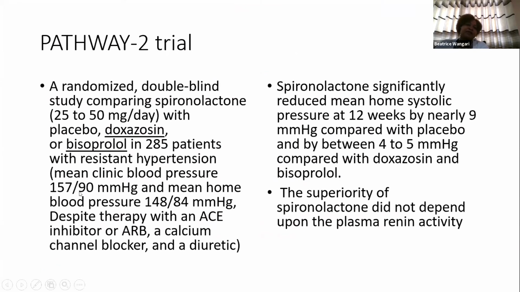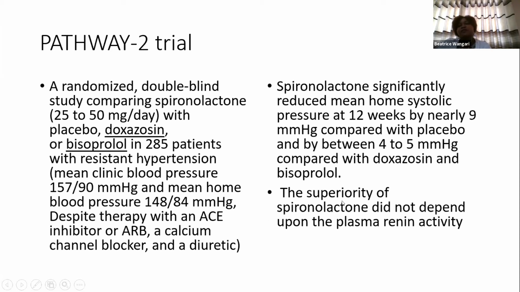This was defined as a mean clinic BP of 157/90 and home BP of 148/84 while they were on a calcium channel blocker, ARB, and a diuretic. The results were that spironolactone significantly reduced the mean systolic blood pressures compared to either placebo, doxazosin, or bisoprolol as an addition to the patient's backbone antihypertensive regimen.